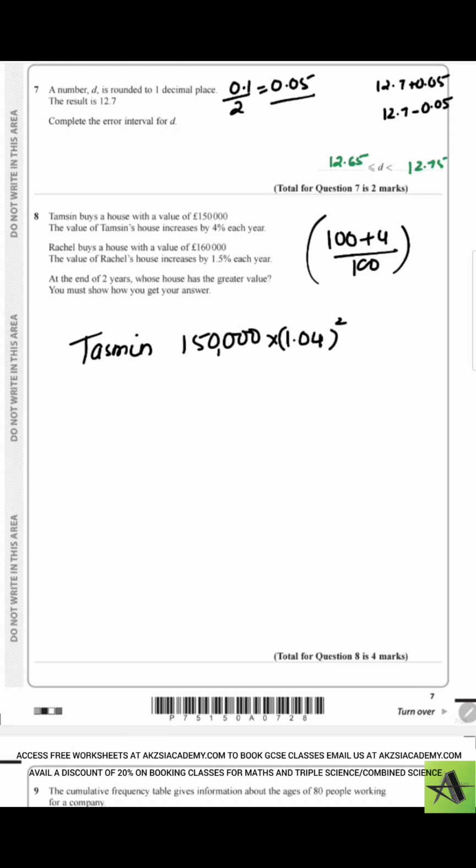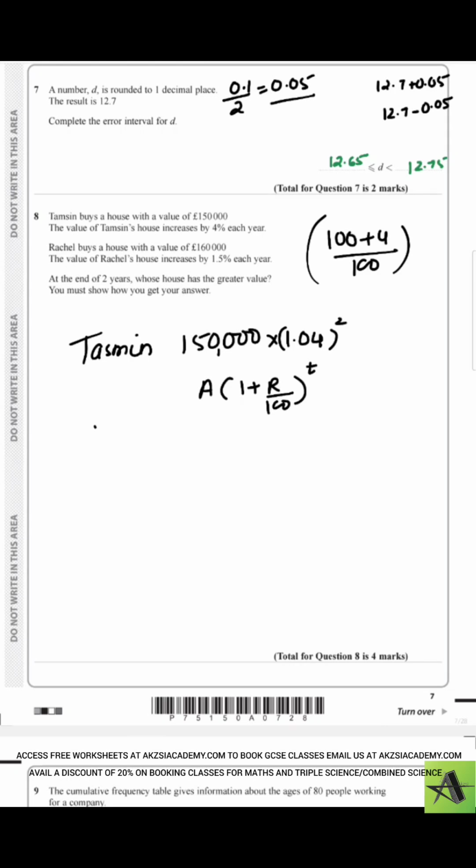Or there is a direct formula for compound interest, or growth: the actual value, let's say A, times 1 plus your percentage over 100, whole to the power of t. Even for compound interest, the same formula is there.